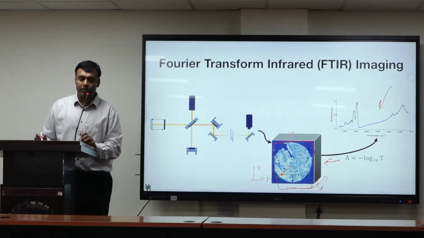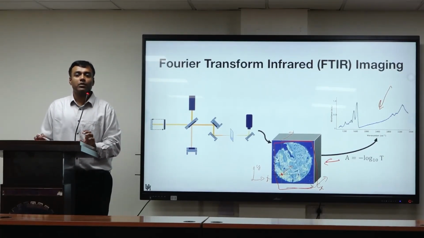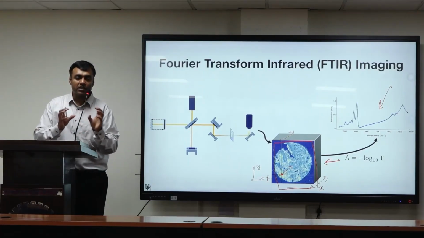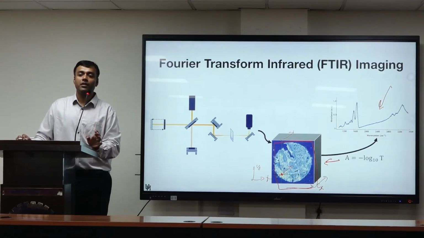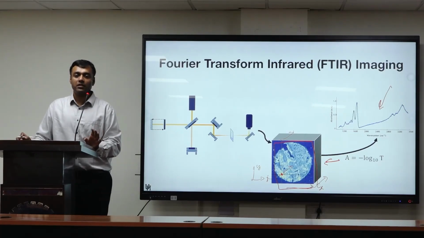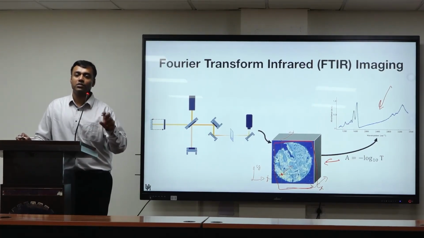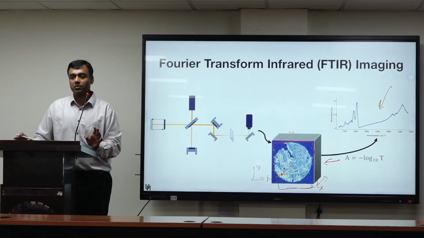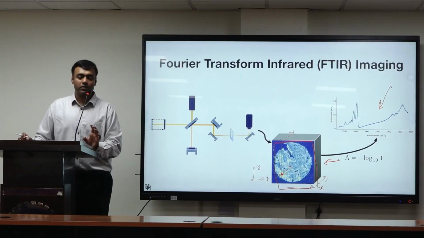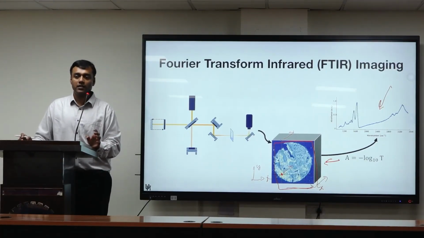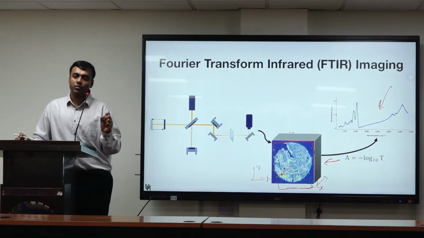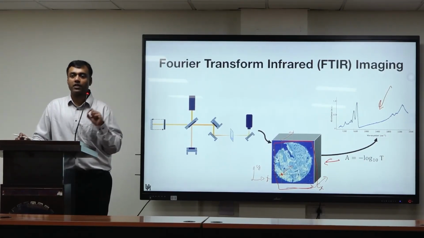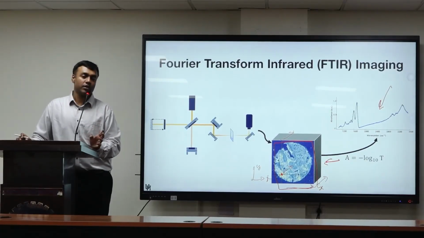By looking at the variation in chemical composition, you can figure out whether there is a disease or not at a particular region of tissue. That's the essential idea of this type of approach. So you can do data analysis and figure out what type of tissue it is, whether it's cancer, if it's cancer, what grade of cancer, and so on and so forth.